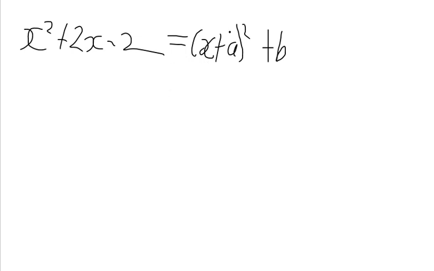The reason is that our parent function is actually x squared. That's the reason we have something like this and this. So this a is a constant, b is a constant.